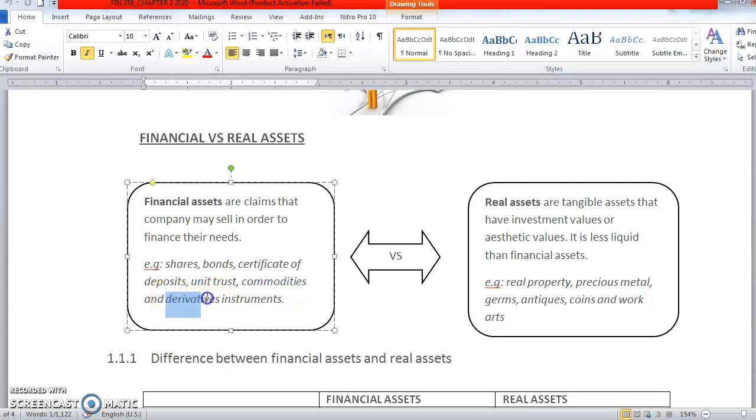And also we have derivative instruments. So what does it mean by derivatives? Derivative adalah in bahasa kita call it sebagai satu instrumen terbitan daripada instrumen yang asal. Itu yang dimaksudkan dengan derivative.